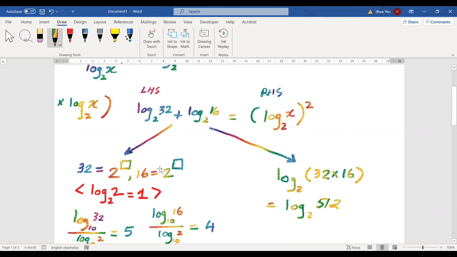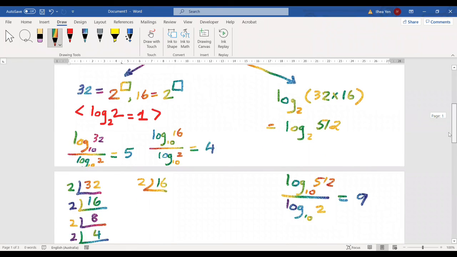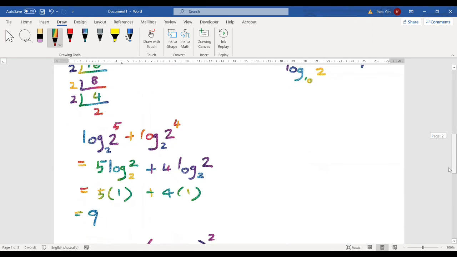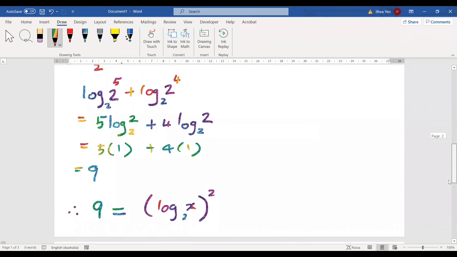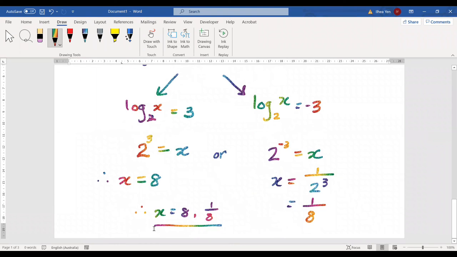For example, if you had this question in a non-calculator section, you probably won't be able to do it so well with the calculator method. But if you knew how to do it without using a calculator, this won't be so hard. So go over it a couple more times until you understand. And remember, your value is more than 1, so your x answer should be more than 1.